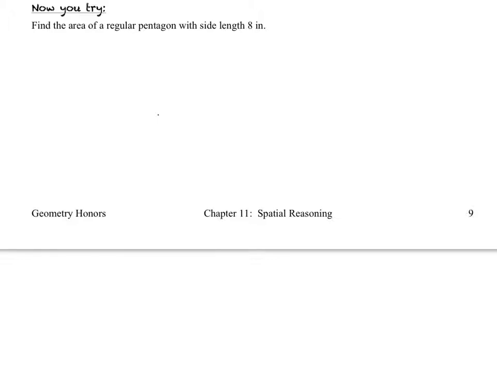Just as a reminder, if you do not end up having a special right triangle, you are well equipped with SOHCAHTOA to find the missing length that you need, which is that perpendicular apothem length for the formula. So don't be afraid. SOHCAHTOA is your friend. Turn the video back on when you're ready to check your answer.